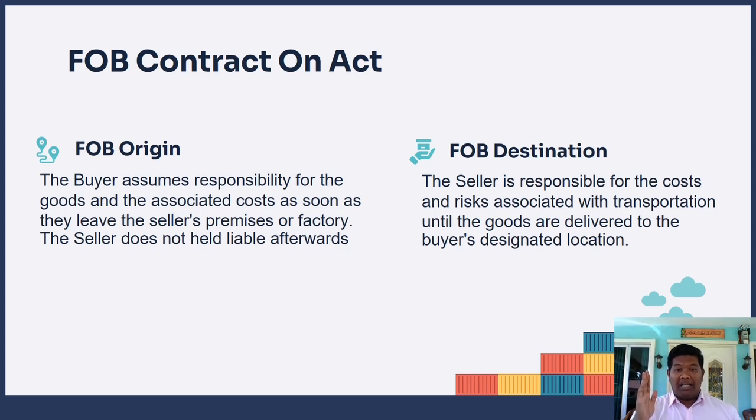The seller is responsible for the costs and risks associated with transportation until the goods are delivered to the buyer's designated location. So the sellers are held liable for the costs and risks associated with transportation until the goods reach the buyer's location.